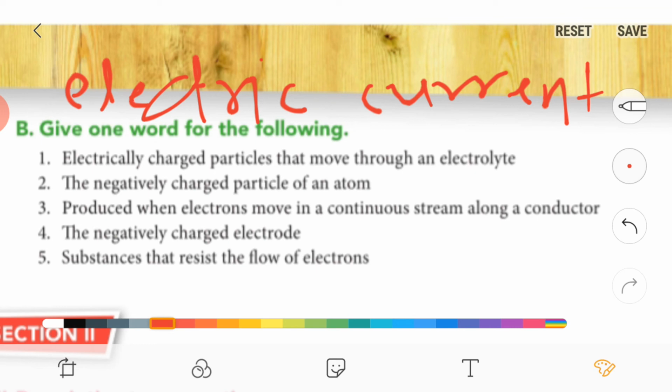Now fourth one. The negatively charged electrode. So it is called cathode.